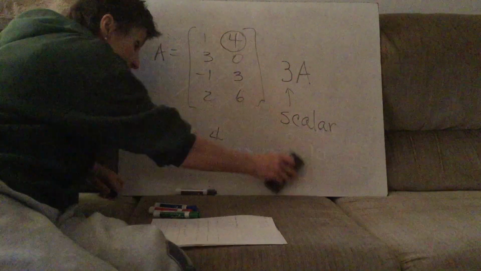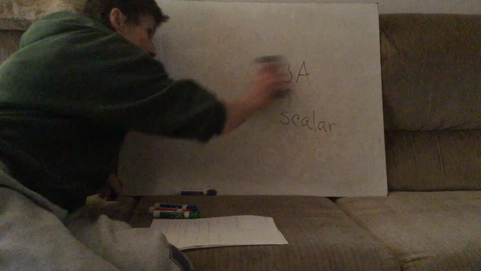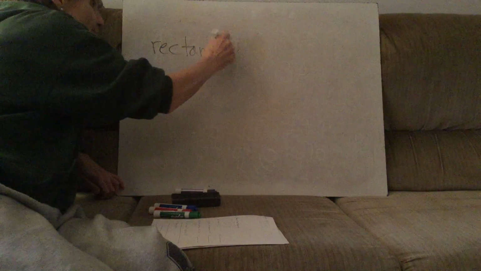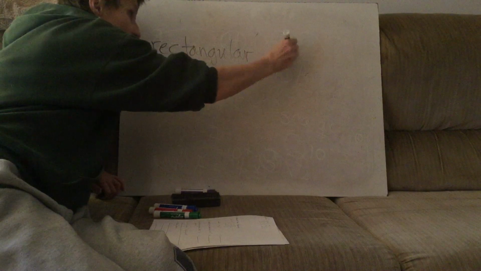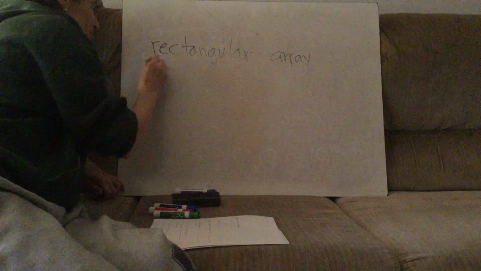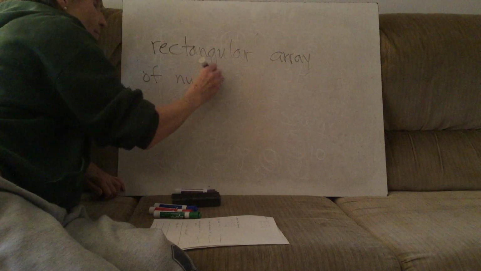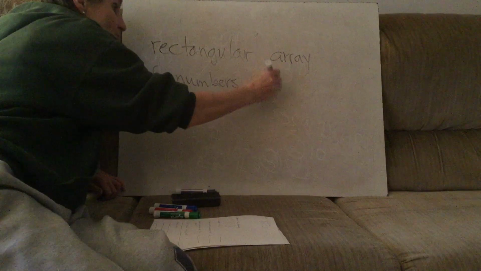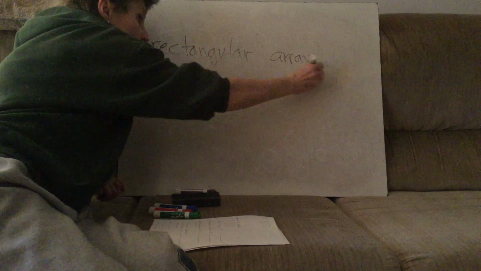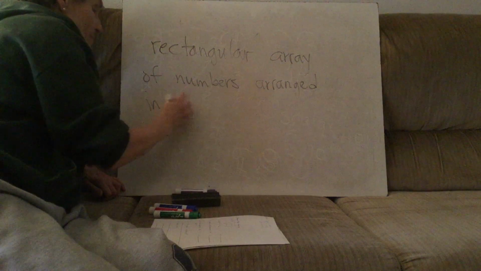Okay? And then E says to define matrix. Guys, that exact same question was on the last practice test. A matrix is a rectangular array of numbers arranged in rows and columns.